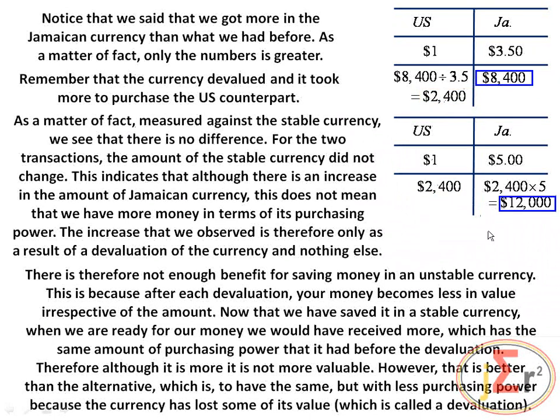Therefore, we will have the same amount of value of money, but the figure would be larger. But if we had the same 8,400, then because of the devaluation, when we convert that to US, it would have turned out to be less, and the money would have diminished in value in our hand. So it is always better to save in a stable currency.